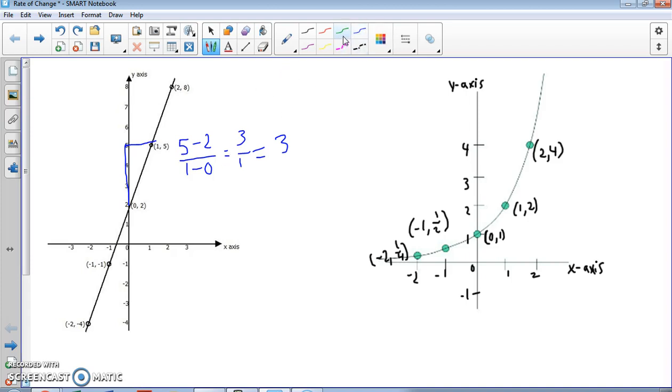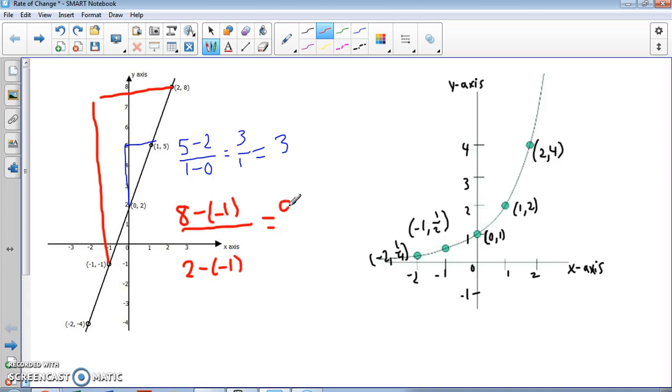And here, if I calculate the rate of change between another set of points, for instance these two points, we're going to do 8 minus -1 divided by 2 minus -1.